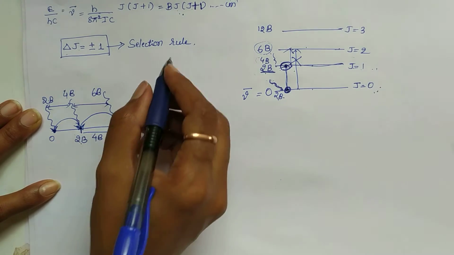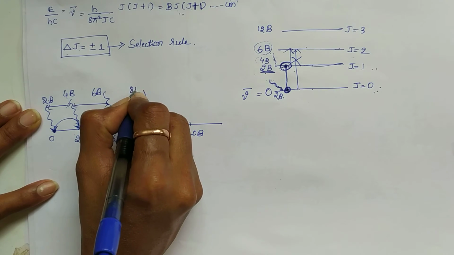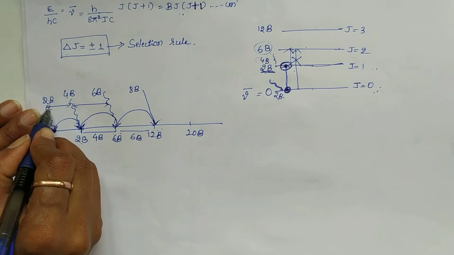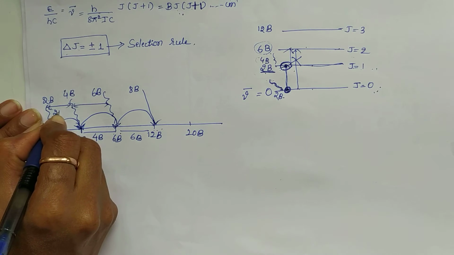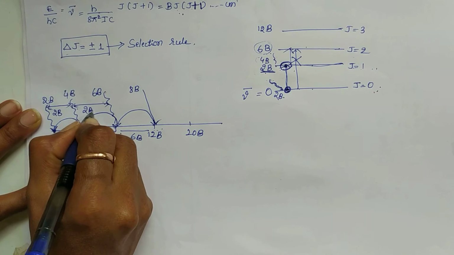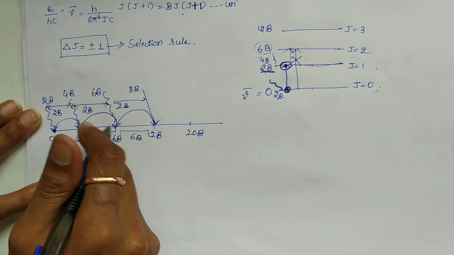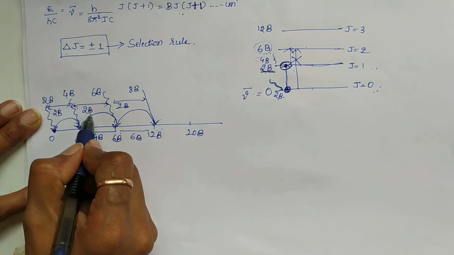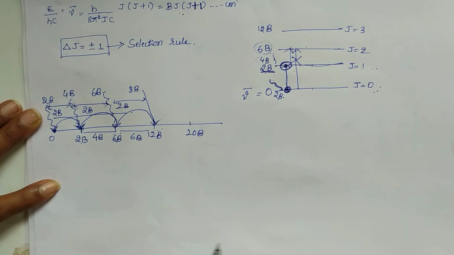The difference between this electromagnetic wave and this one is 2b. Again between these two, 2b. Again these two, 2b. The difference between the waves that we are sending is constant. How much is it? That is 2b.